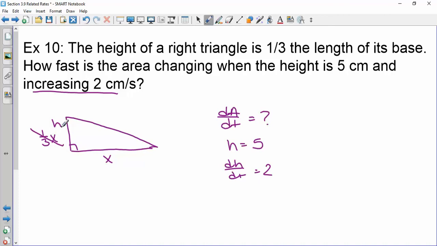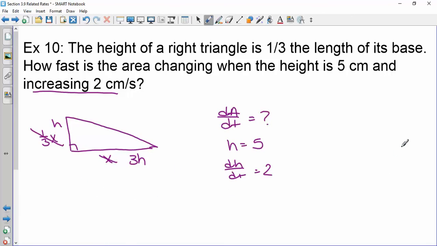Now if that is 1/3 the length of the base, what would our base be? 3h. Had I given you how the base was changing, we would have stuck with the 1/3 x and the x. But because the rate I gave you was for the height, I want my height to be my main variable. And so I had to change my base to be 3 times that. Does that make sense to everyone? Okay. So it's all about what information is given to us.